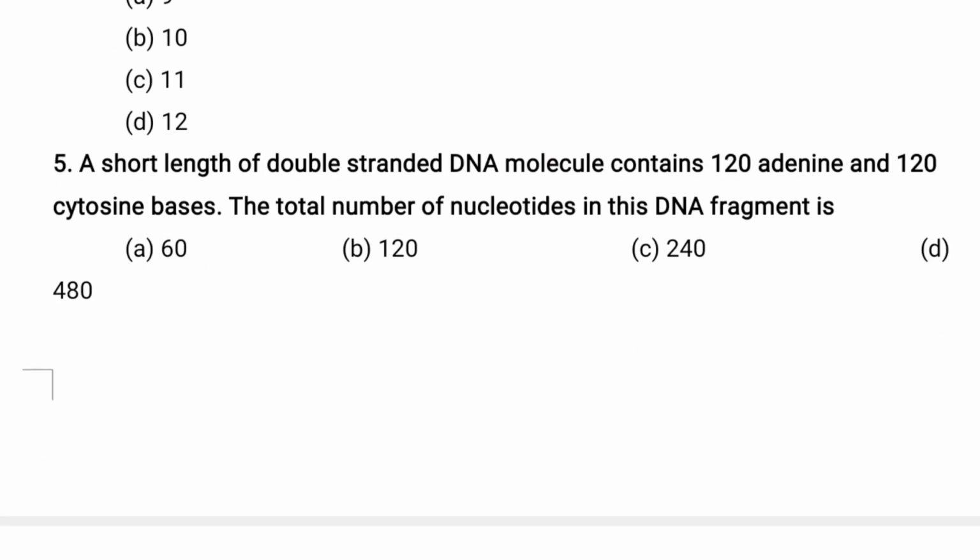A short length of double-stranded DNA molecule contains 120 adenine, 120 cytosine bases. The total number of nucleotides in the DNA fragment is. Okay, so here the bases, I mean purines and pyrimidines. So adenine is a purine, cytosine is a pyrimidine.